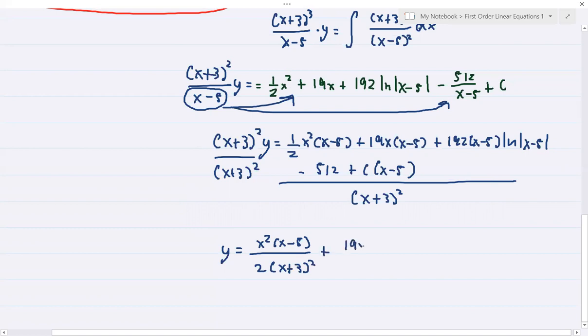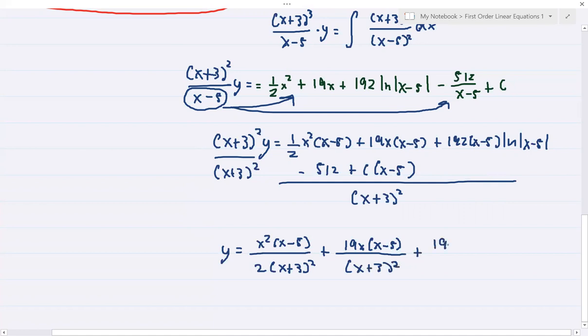plus 19x times quantity x minus 5 all over the square of x plus 3. Wait, finally. There you go.